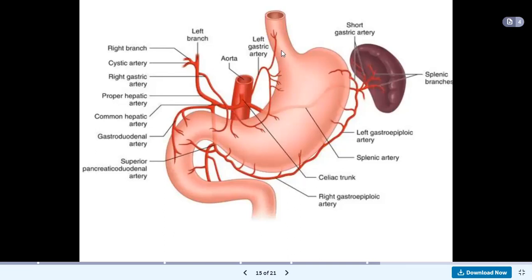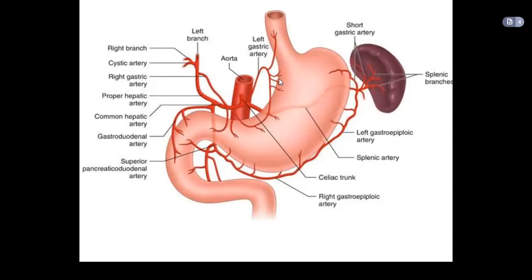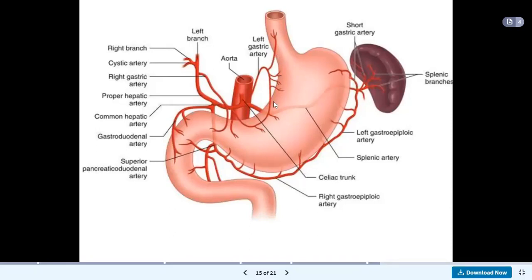So if they ask you what arteries supply the right part of the stomach, the right border of the stomach, you say the right border of the stomach, or the lesser curvature, is supplied by the left gastric artery and the right gastric artery.